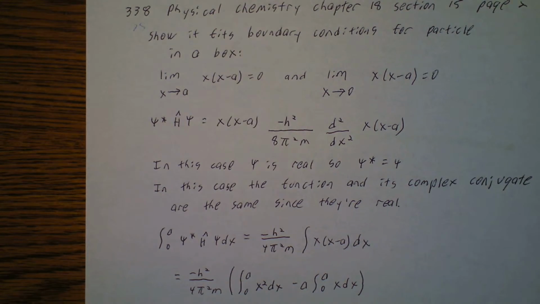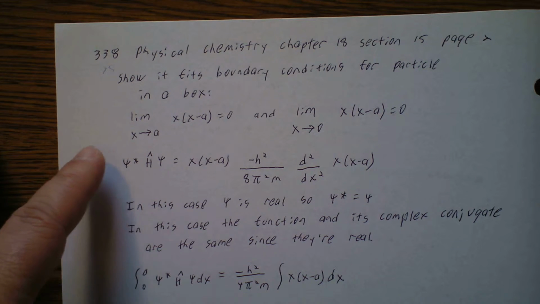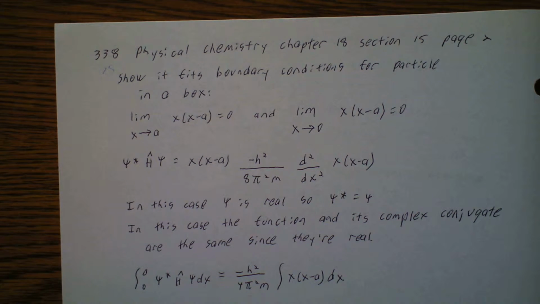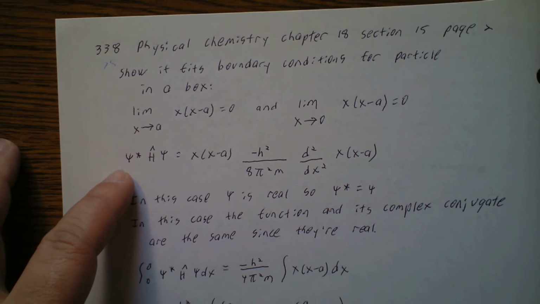Well, first we need to show that it fits the boundary conditions for the particle in a box. So we have the limit as x approaches a of x times x minus a, and that is equal to 0. And the limit as x approaches 0 of x times x minus a is equal to 0. So it does fit the boundary condition.